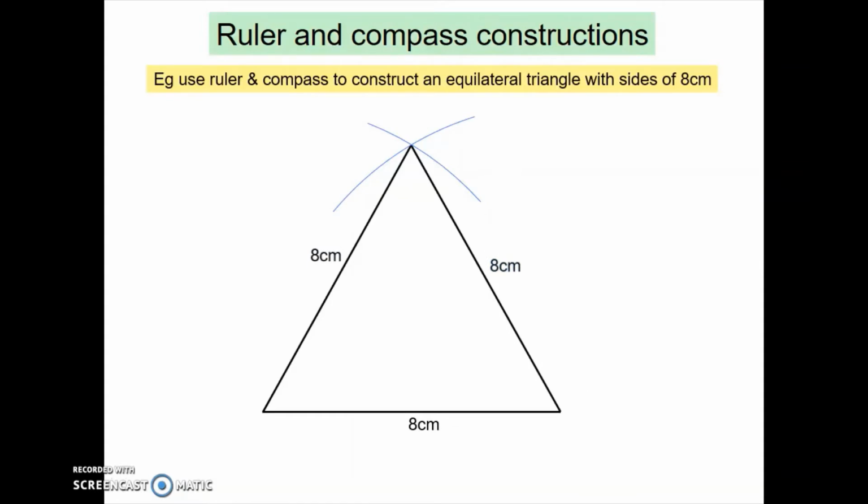Very important that when you're constructing this, you open the compass to 8 centimeters and you do not change how wide the compass is open. It remains as 8 centimeters up here, and it remains as 8 centimeters when we draw this final arc as well.